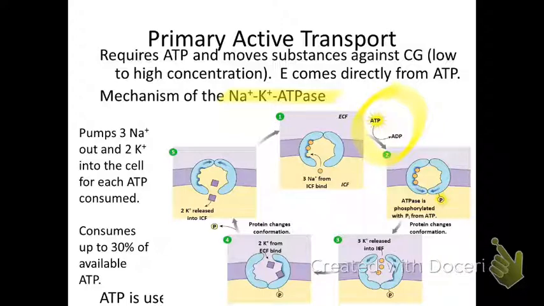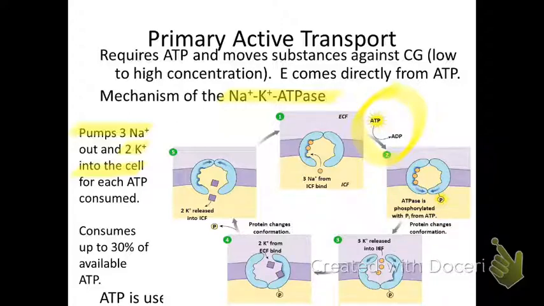The way that this transporter works is that it pumps 3 sodiums out of the cell for every 2 potassiums that it pumps into the cell. And ATP is necessary for this to happen. So what is this pump doing? This pump is assuring that sodium is constantly being pushed out and that potassium is always coming in. It's helping to maintain this difference in the concentrations.